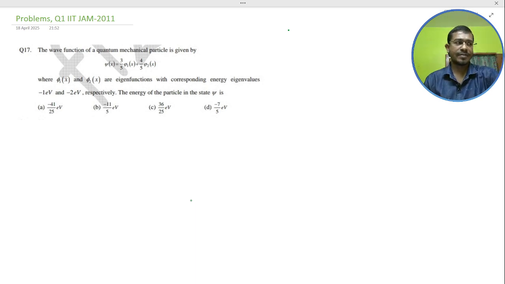The wave function for a quantum mechanical particle is given by ψ(x) equal to 3 by 5 φ1(x) plus 4 by 5 φ2(x), where φ1(x) and φ2(x) are eigenfunctions with corresponding energy eigenvalues minus 1 and minus 2 electron volt respectively. The energy of the particle in the state ψ is equal to what? Simple.